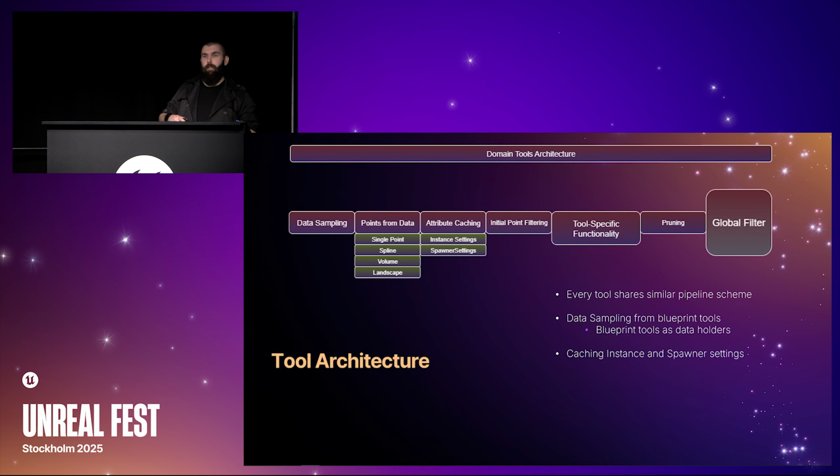The data that has been sampled is then used for points. So you can get points from a volume, from a spline surface, from a landscape, or just a single point in the world.